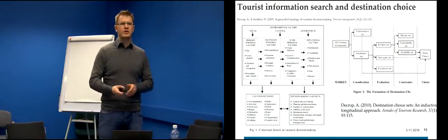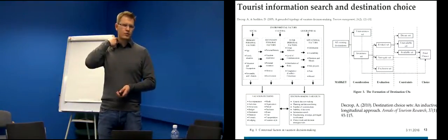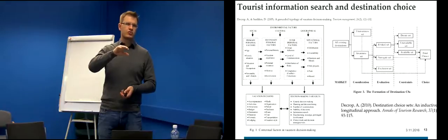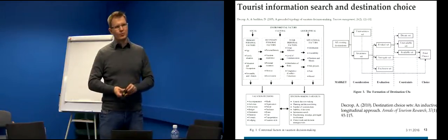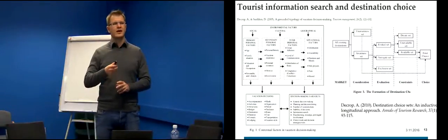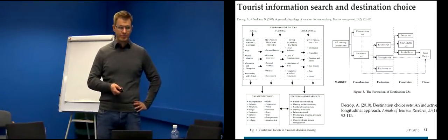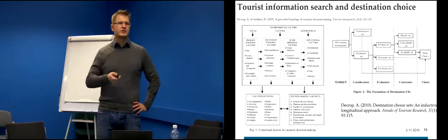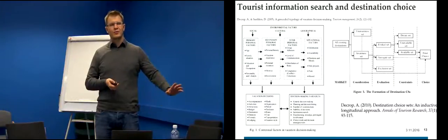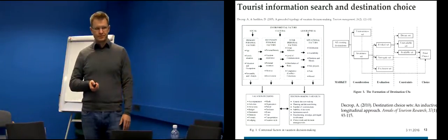But we have to be really aware of what kind of searches and what kind of channels and medium and all these kinds of things affect the person's information search. And for example, the left figure, contextual factors in vacation decision making, really opens up how many different kinds of things really affect where we are going to go.